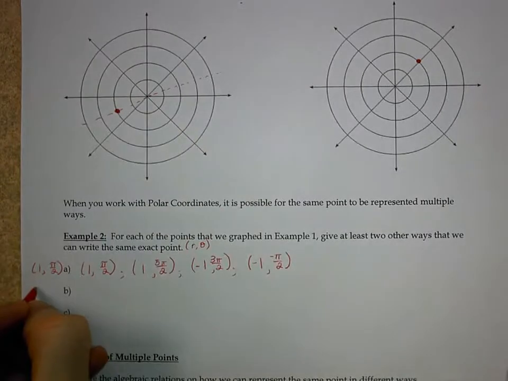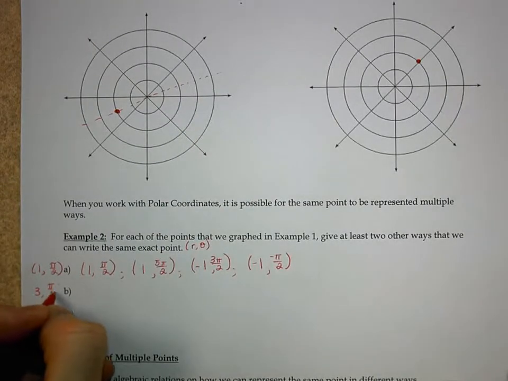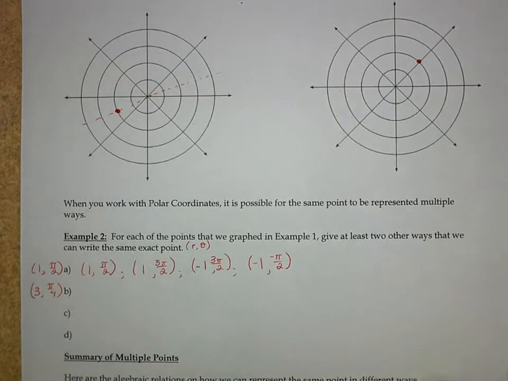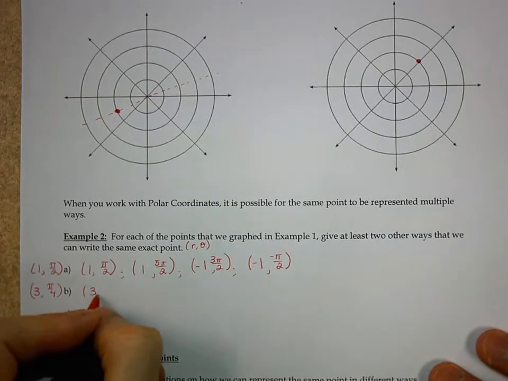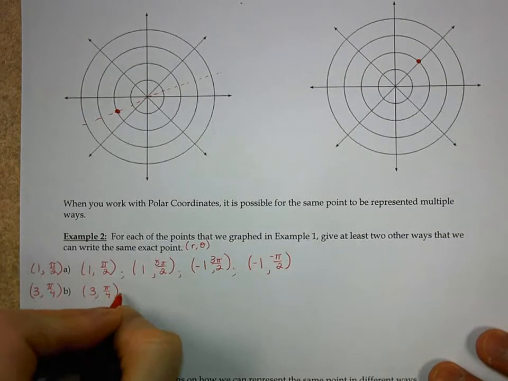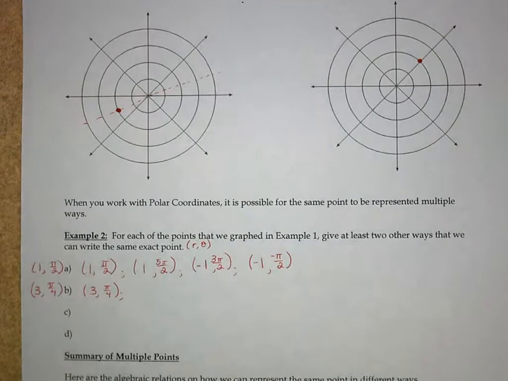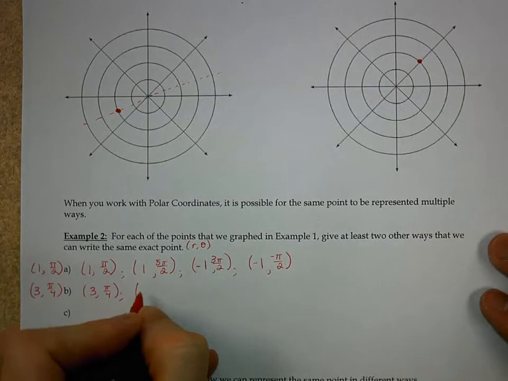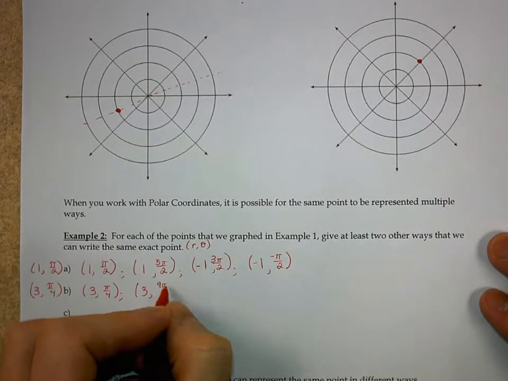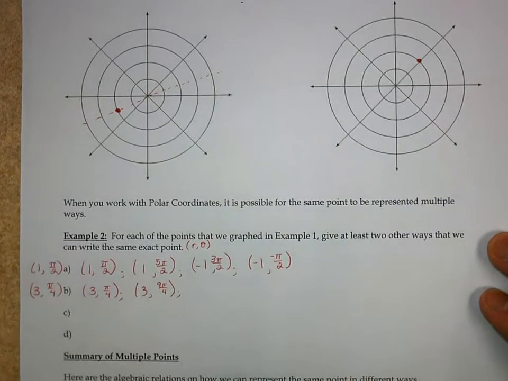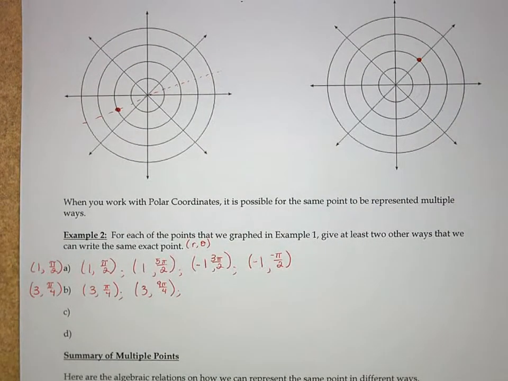Example B you had was 3 and pi over 4. So the first way is 3 and pi over 4. And if I wanted to, I could add 2 pi to that and get 3 and 9 pi over 4, the coterminal angle.